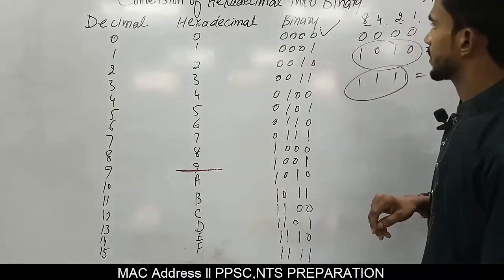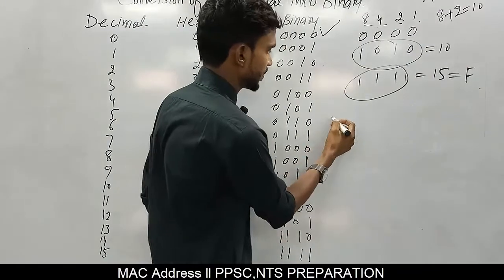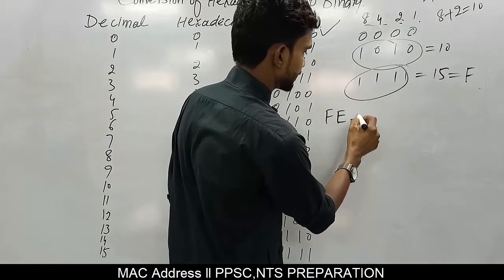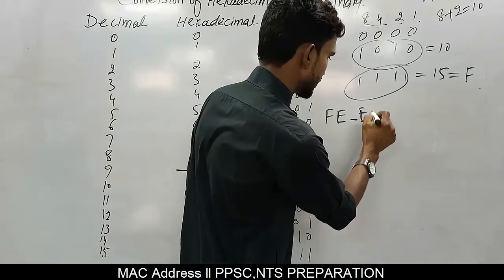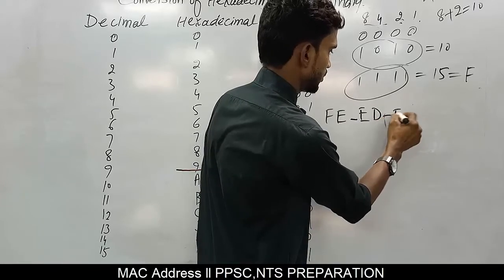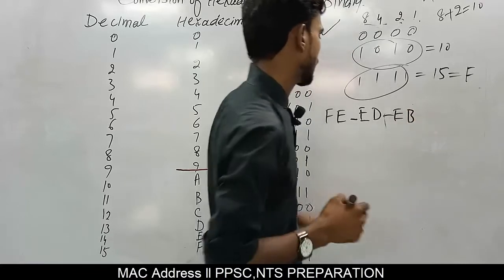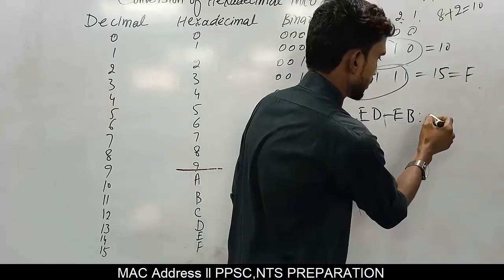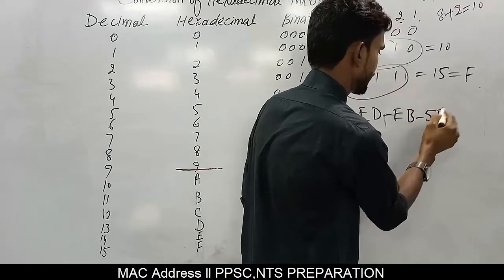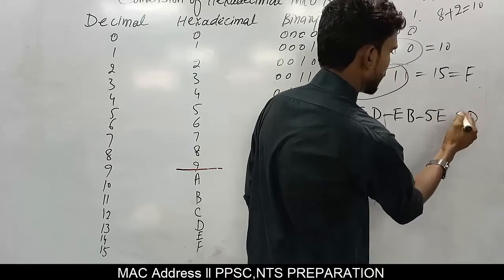Okay, so for example you have the MAC address like F E, likewise ED, likewise B, and likewise 5E, likewise ED, and likewise.